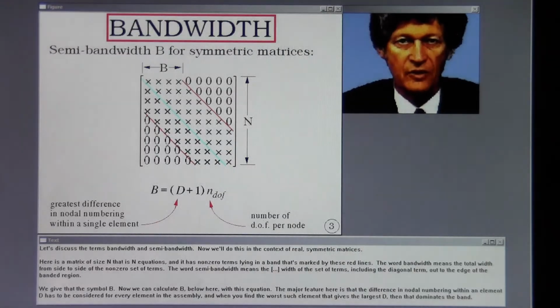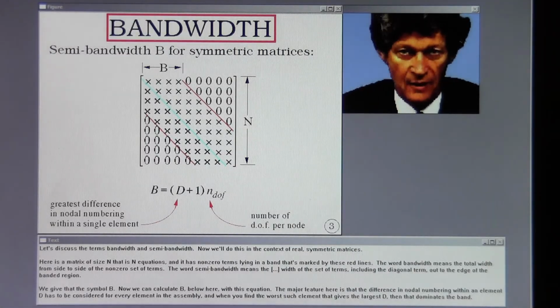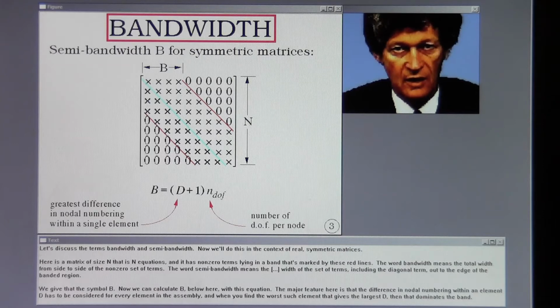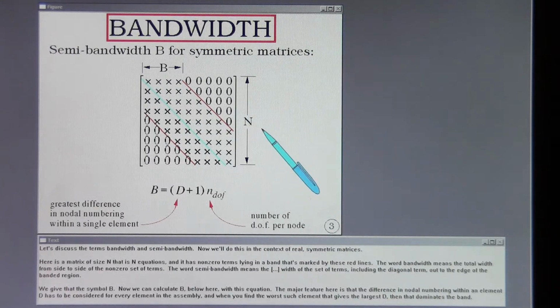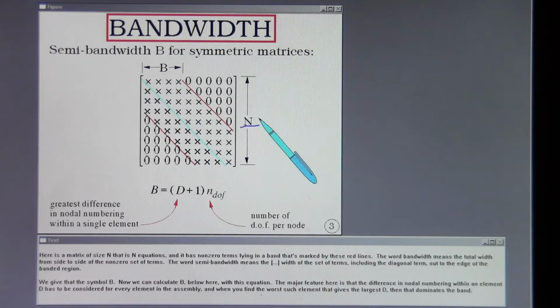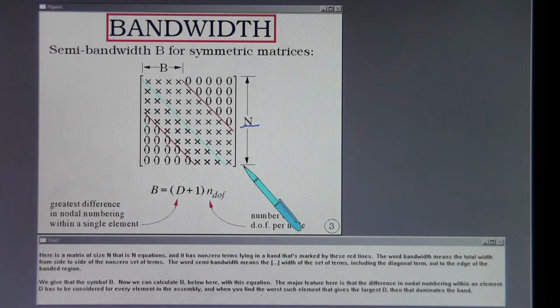Let's discuss the terms bandwidth and semi-bandwidth. Now we'll do this in the context of real symmetric matrices. Here is a matrix of size n, that is n equations, and it has non-zero terms lying in a band that's marked by these red lines.